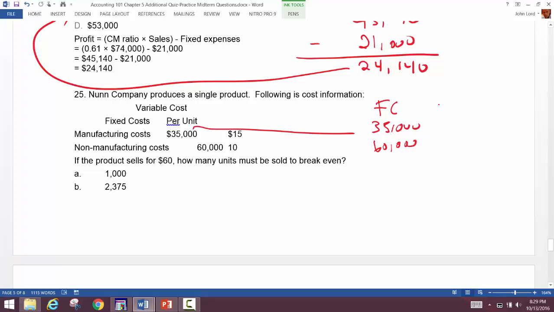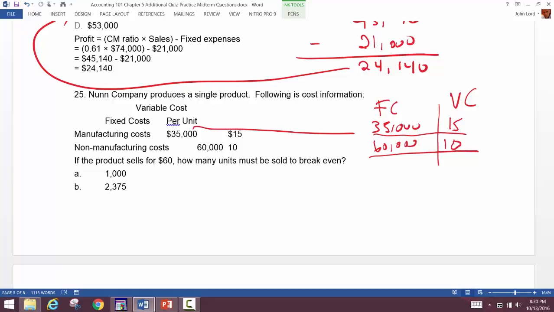Okay, and then my variable costs per unit are going to be $15 per unit for my manufacturing cost, and what? $10 per unit for my non-manufacturing costs.